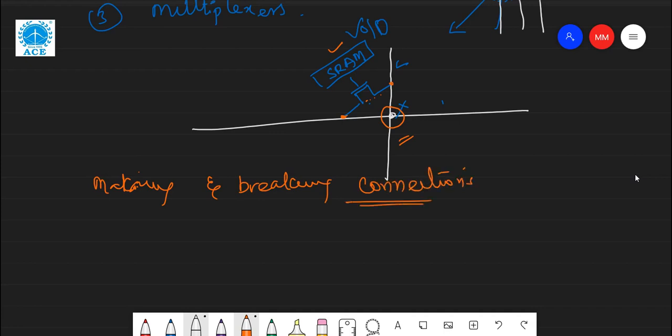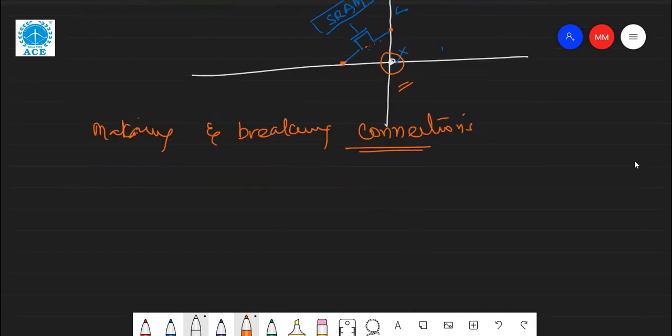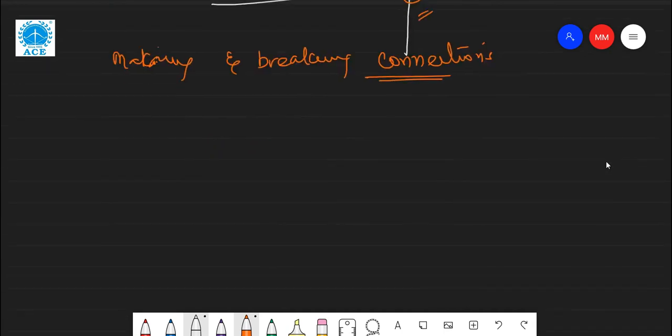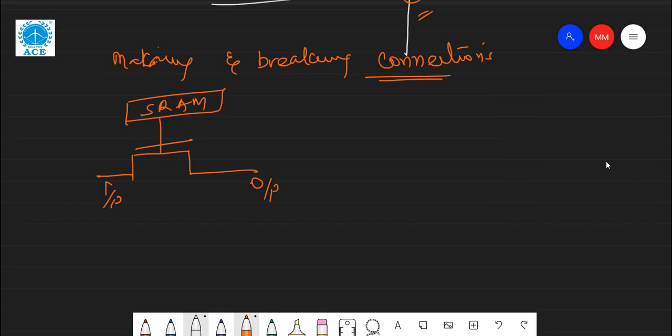Using these technologies, if you want to see how these look like, this is the pass transistor technology. As we know, it is connected with SRAM, which is programmed, with input and output in this case.